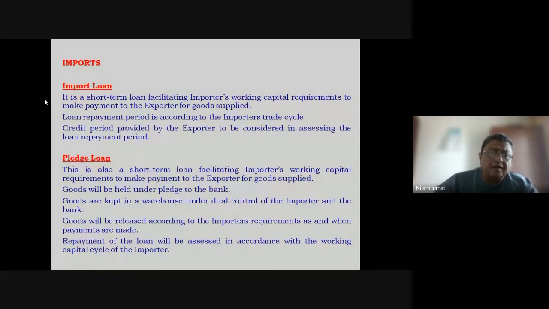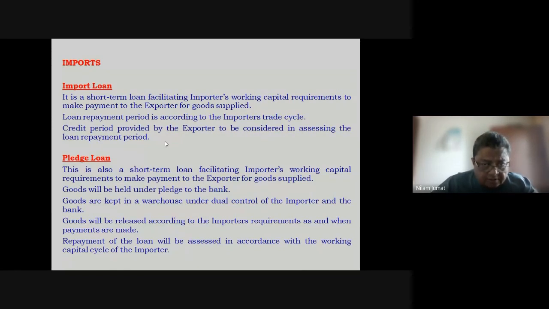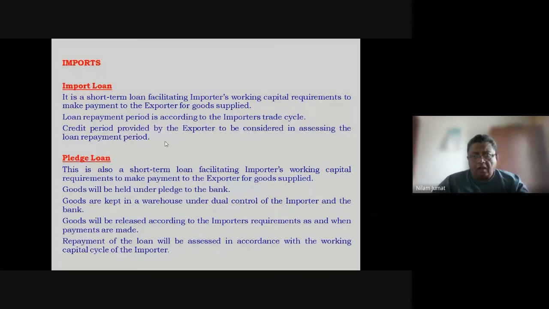An import loan means he takes the goods straight from the port and sells them, and we give a loan, but the bank doesn't have control of the goods. But with a pledge loan, you open the LC and pay the exporter immediately, but you have control of the goods, in the sense that you lock the goods under your control.